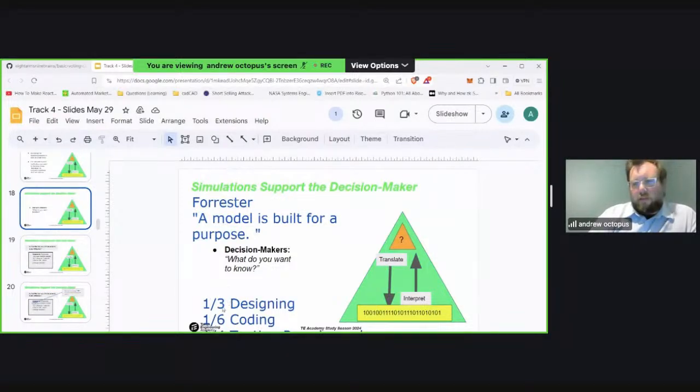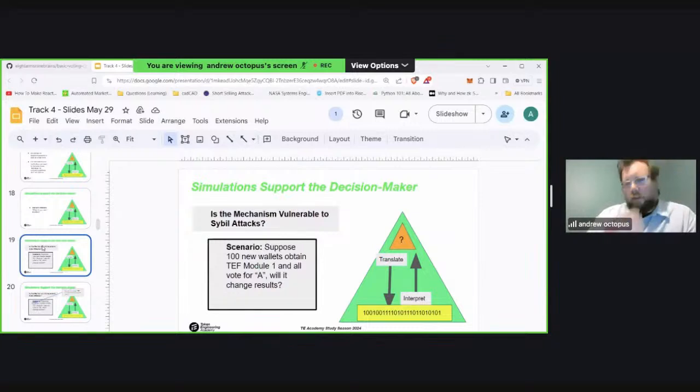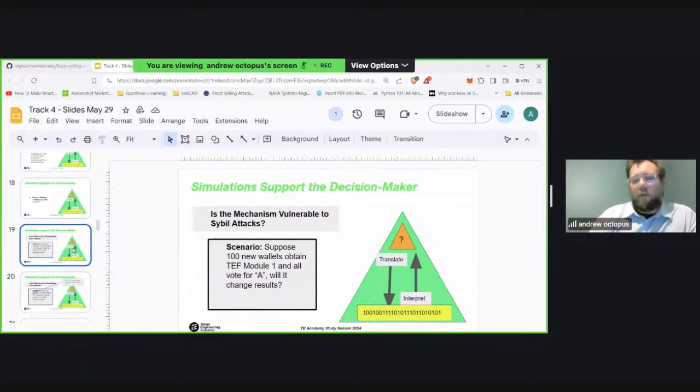So this design phase is extremely important, and we don't want to just jump into coding without having done that. But since we have done that, if we can come up with these scenarios in this design, now we can begin to look at the questions by translating these attacks and these questions into specific scenarios.